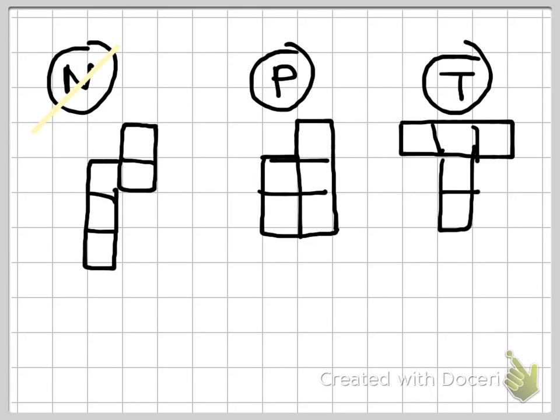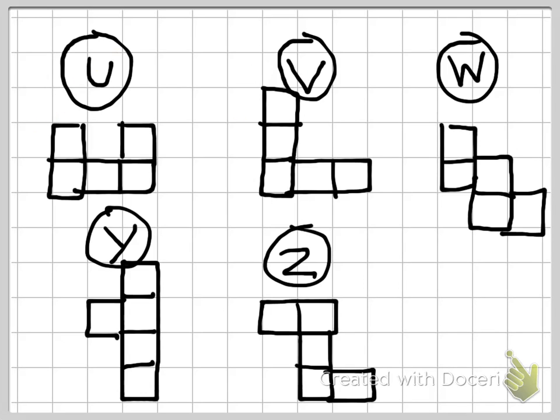We have N, pentomino P, T, U, V, W, Y, and Z. If I'm going too fast for you, you can look in your book. They have them there, identified. And if you look closely, they share a side. Okay, and they're going to create a box shape.